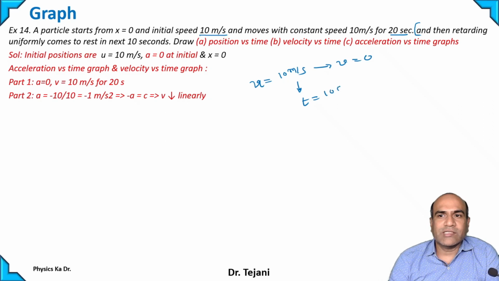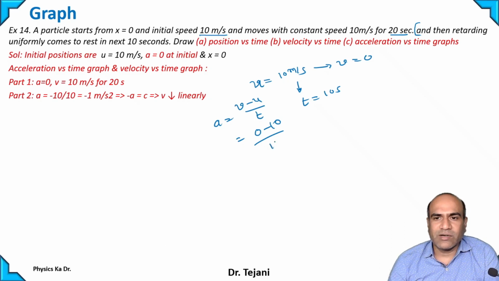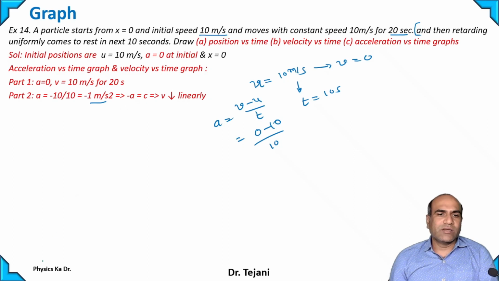So to get the acceleration, we know that final velocity minus initial velocity, v minus u, divided by time, gives 0 minus 10 divided by 10, so it becomes minus 1 meter per second square.